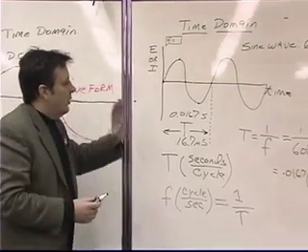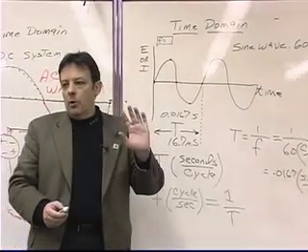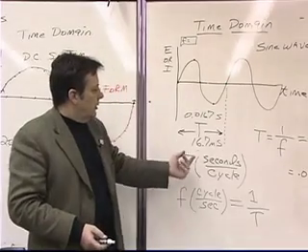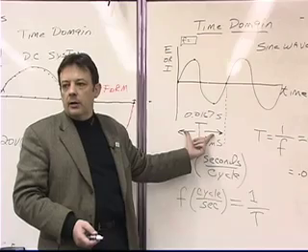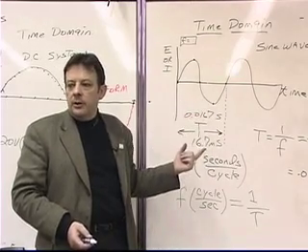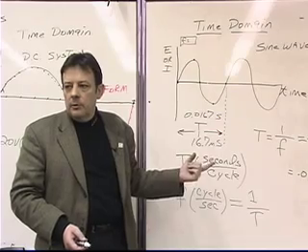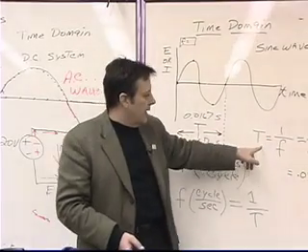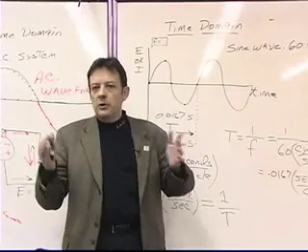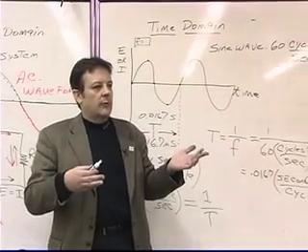All right. So it's very, very important to understand the difference between the period of an AC waveform and the frequency of an AC waveform. They're related to each other by a simple inverse. If you know one, you can find the other. All you have to do is invert it.